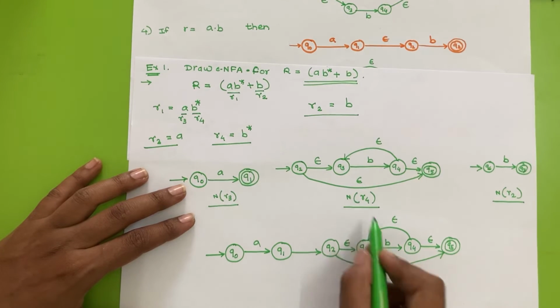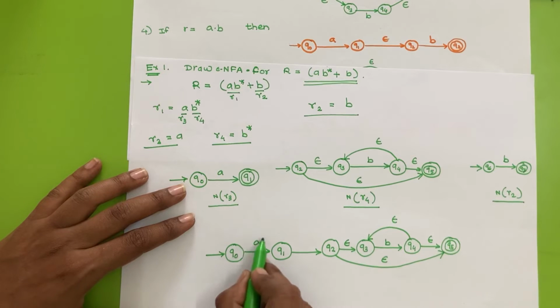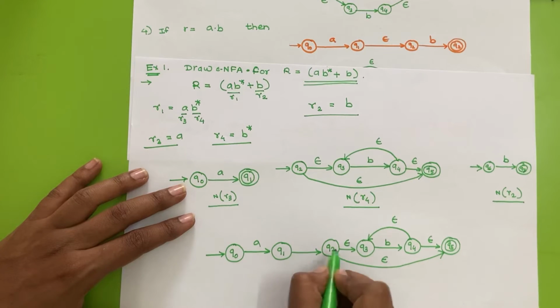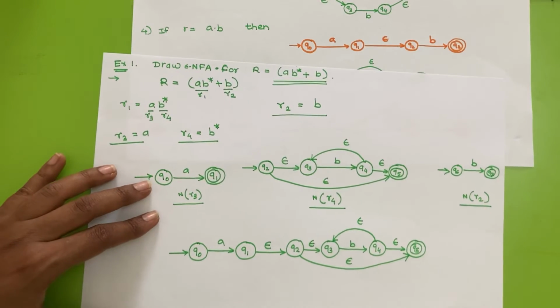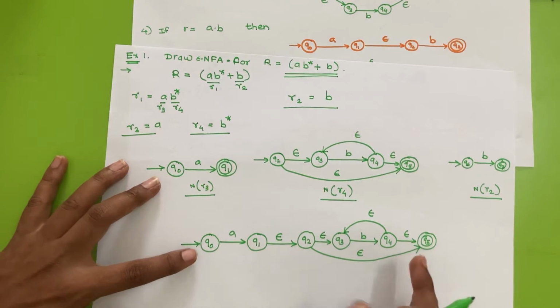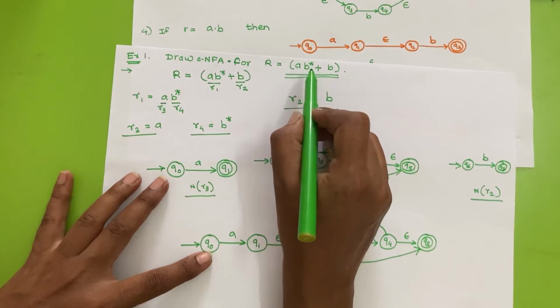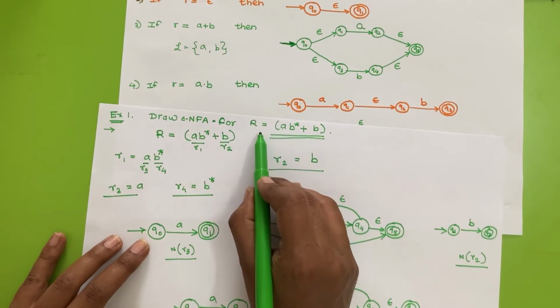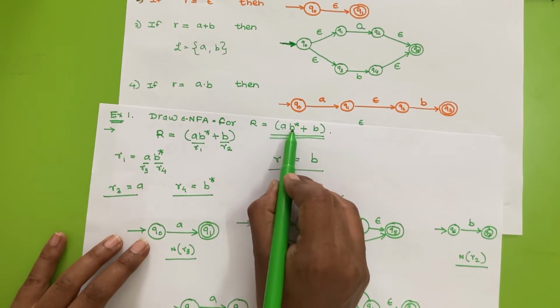So this is the NFA of R4, and this is the NFA for R3. These two will be connected by an empty transition. Now here is the diagram for A, B star.